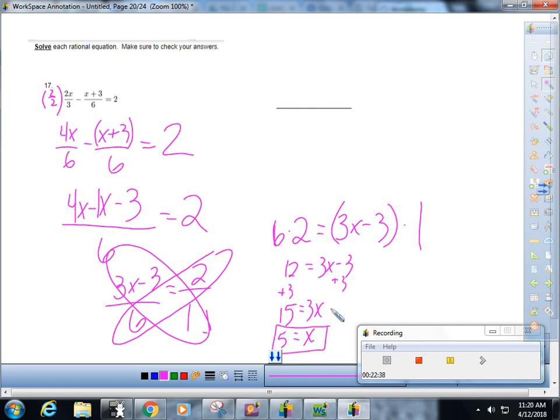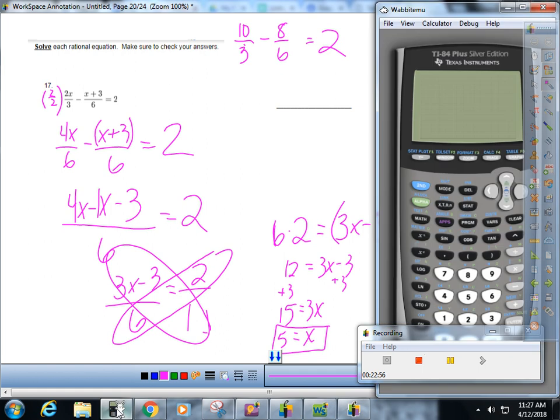Let's check our answer. What's 2 times 5? So 10 thirds minus, what's 5 plus 3? 8/6 equals 2. Open up our calculator. Let's just have it. Doesn't have it.